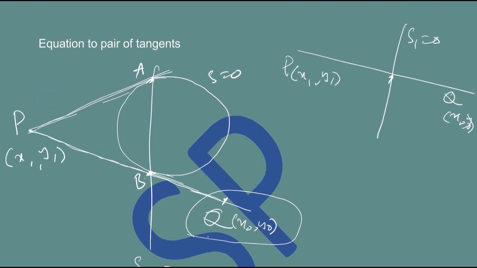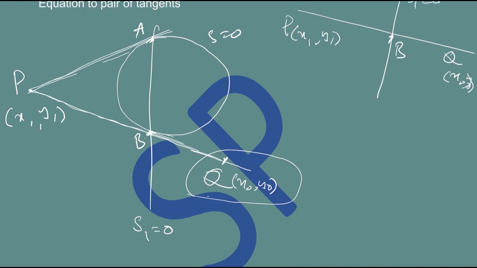We are calling the point where S1 equal to 0 divides PQ as B. Then we know that the ratio PB by BQ is nothing but the ratio of the values of the point in the line.